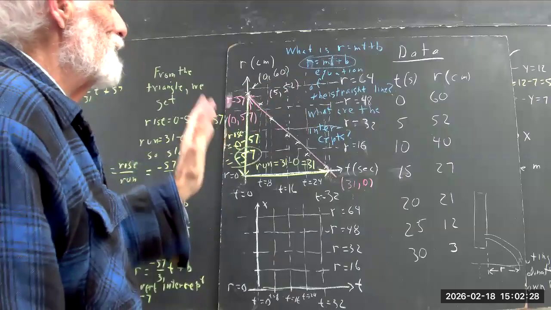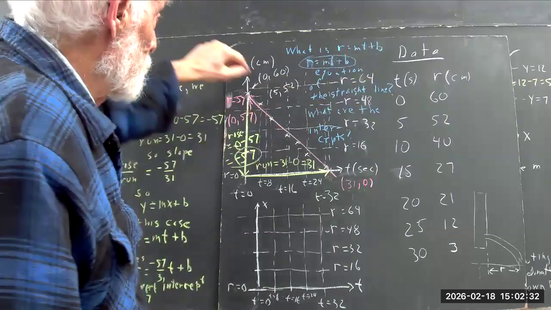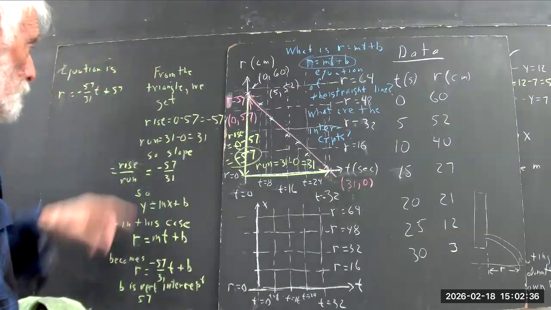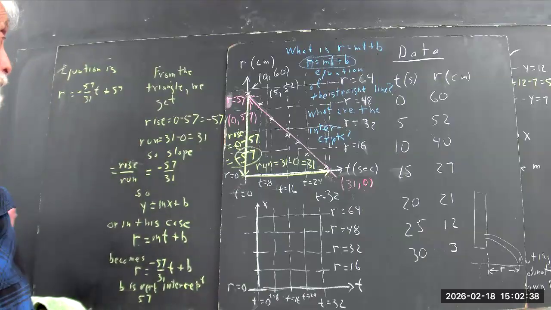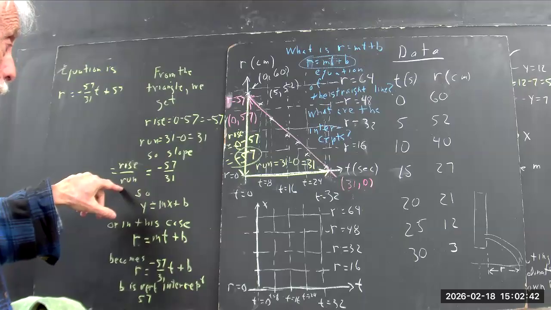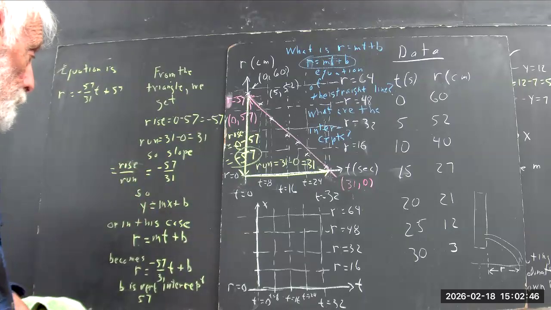In this case, the vertical intercept, or the r-intercept, because this graph doesn't have y, it has r. Okay, we got the rise and the run, so we can easily write down the slope. Slope equals rise divided by run, which is negative 57 over 31.